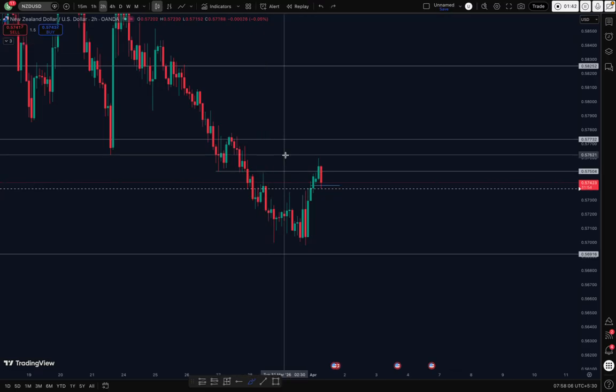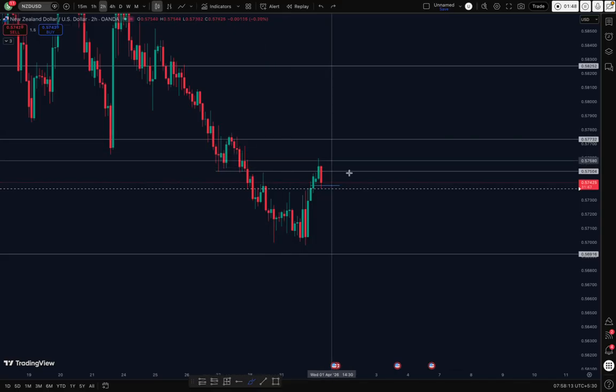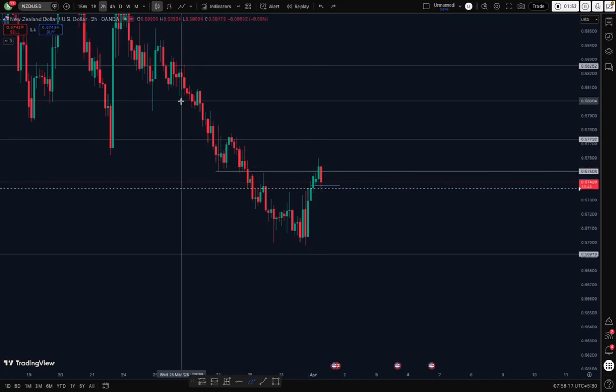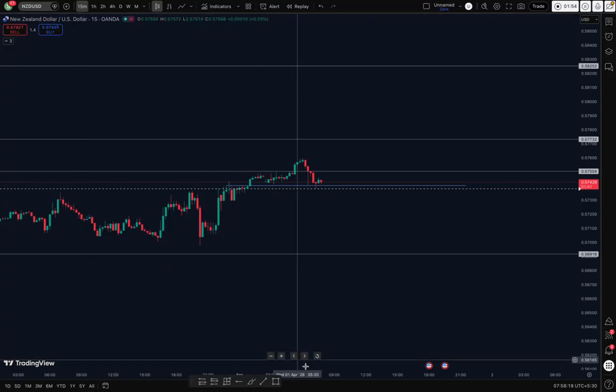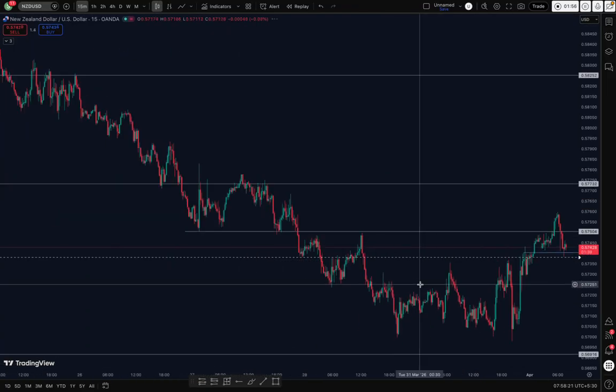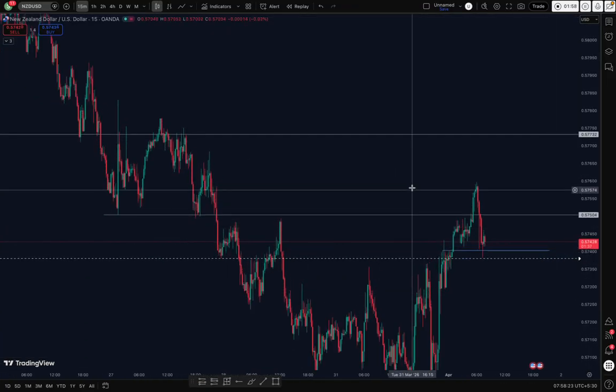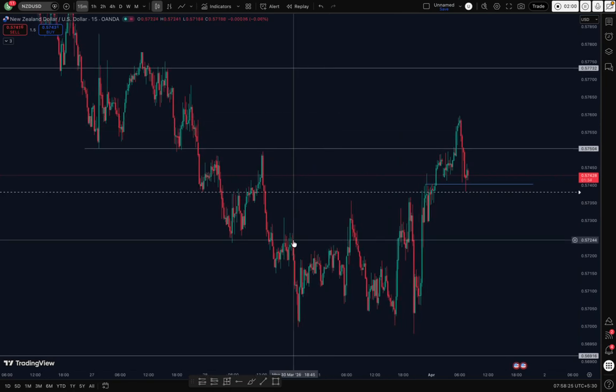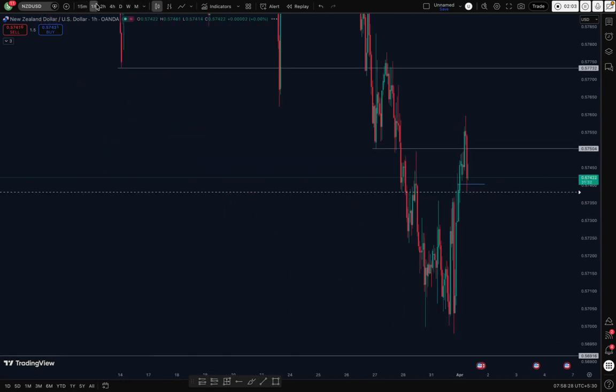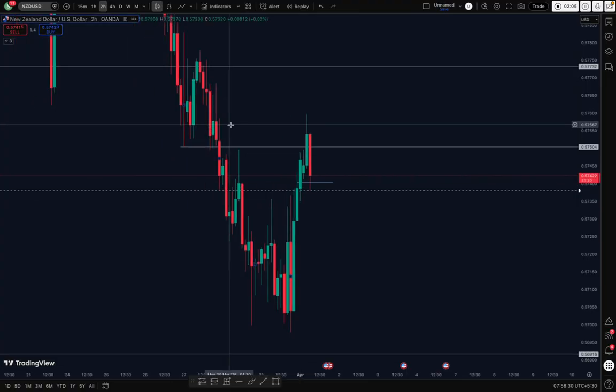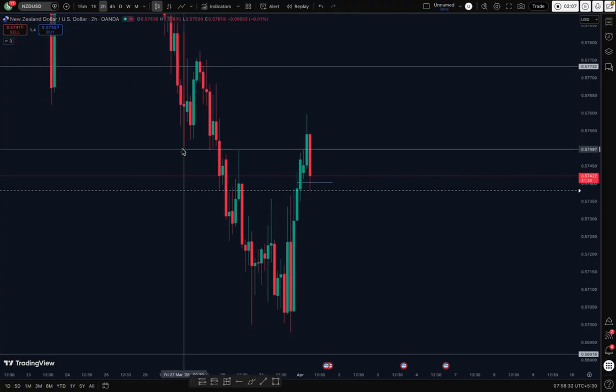So it looks like it may have changed structure, or changed direction, I must say, and then gone and induced into this inflection point, right? So now we go on to the 15 minute where I can show you a little more clearly. So basis my marking, this is the inflection point.